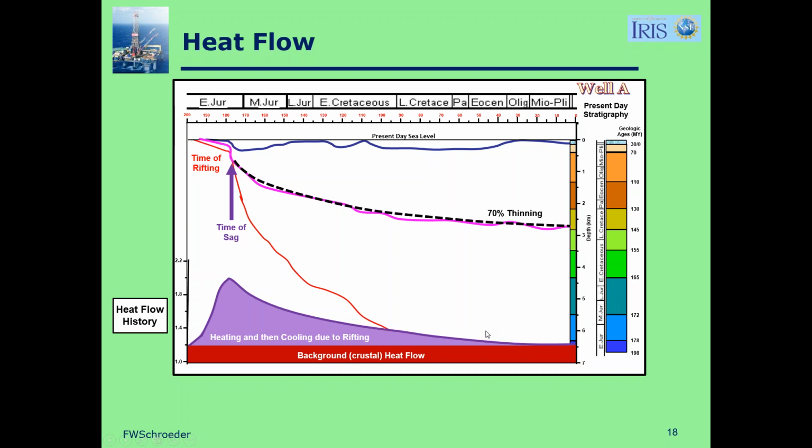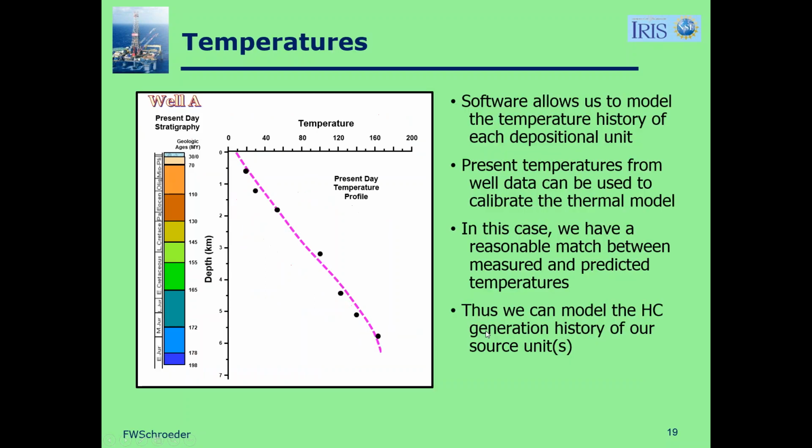And so given that heating history, I can then model the temperature for any of the particular beds that I'm interested in. And for our purposes, we're most interested in the temperature history of the primary source and if we have any secondary sources. As I mentioned, we can do some calibration here if we have some temperature data from the wells.